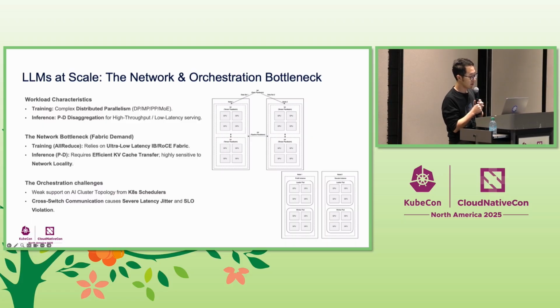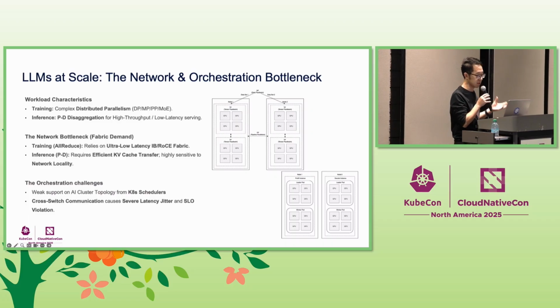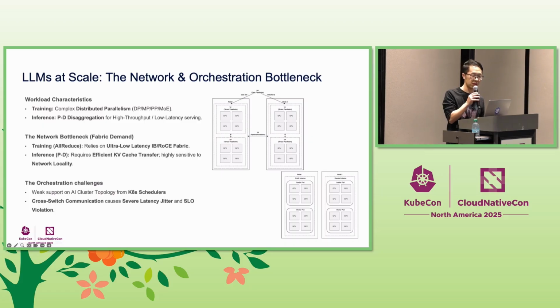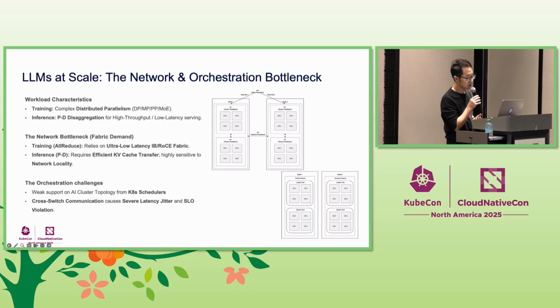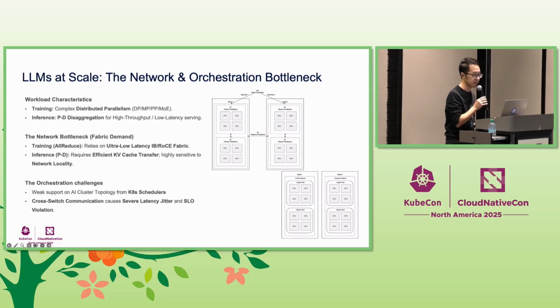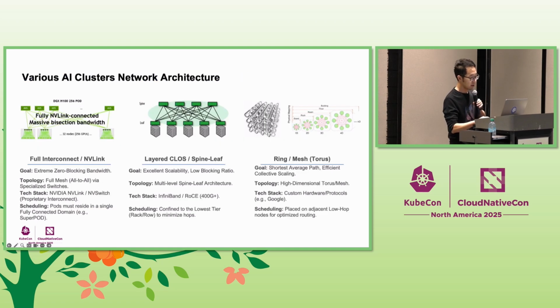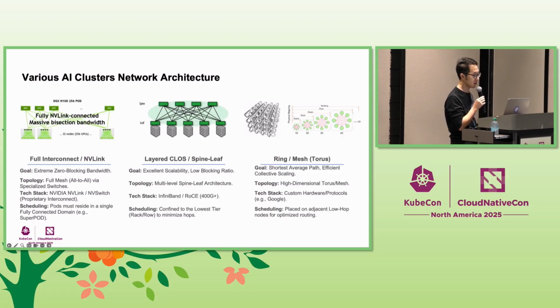And for the orchestrator and scheduler layer, the Kubernetes default scheduler has faced a lot of challenges when trying to support both batch workloads, training, and inference, which would result in very high latency if your pods are not well scheduled in a certain location. So there are some examples of big AI cluster network architectures.